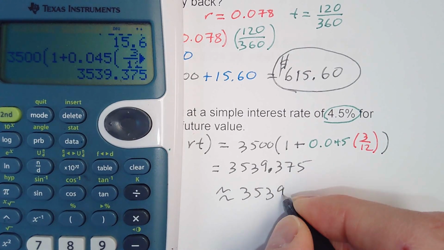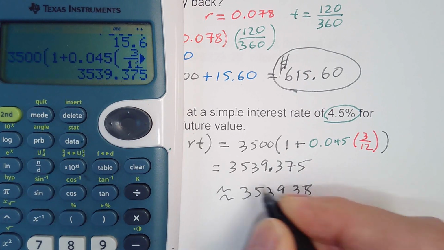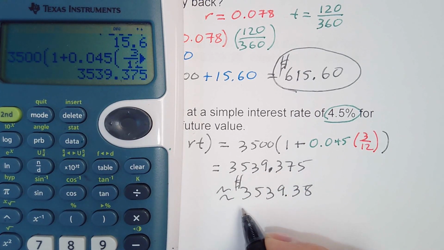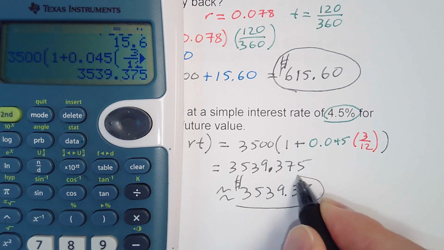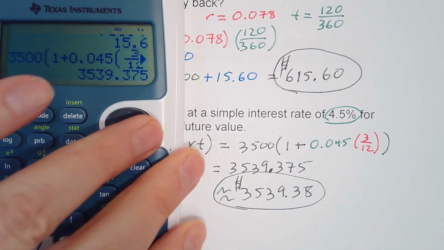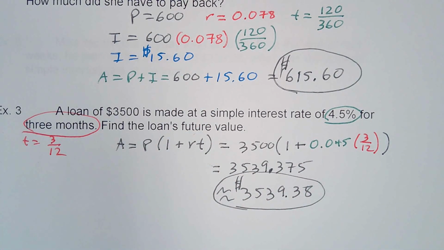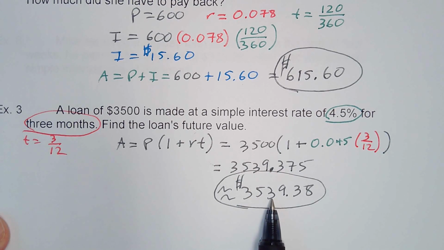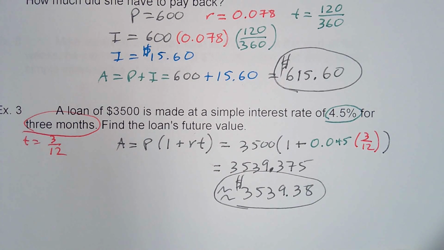So I'm going to go ahead and round it off to the nearest cent. Sometimes in MyLabsPlus they might want to have you round it off to the nearest dollar. In that case, you would say $3,539. So just read with the directions what they have.